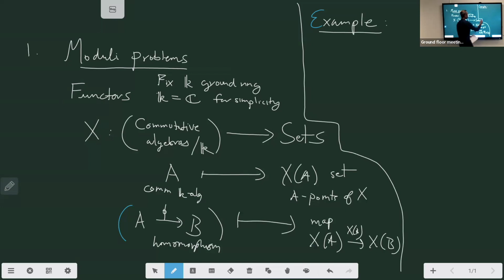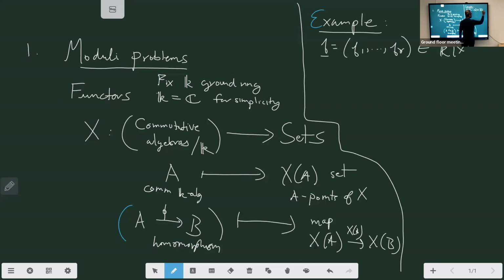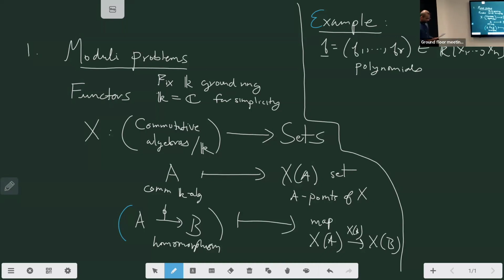Suppose I have, let's say, F underline, which is F1 through Fr, a collection of polynomials in some polynomial ring. So that's something very explicit. I have some polynomials in n variables. Then I can associate to it this functor.